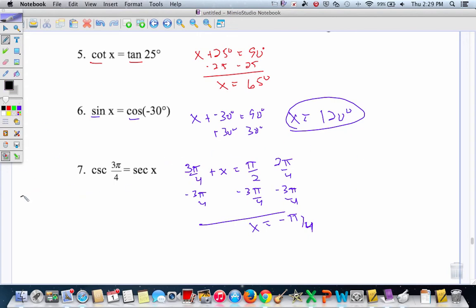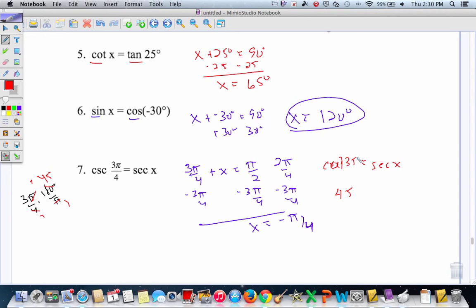Some of us might want to convert that to degrees. So if we pulled 3 pi over 4 off to the side, multiply by 180 over pi. I'll cancel the pi's. 4 and 180, 1 and 45. So we're finding the cosecant of 45 degrees equals the secant of x. So we have 45, oops, try that again, let's backtrack.